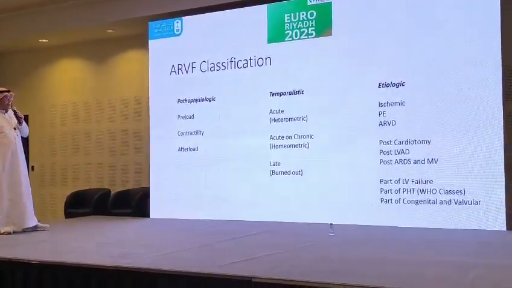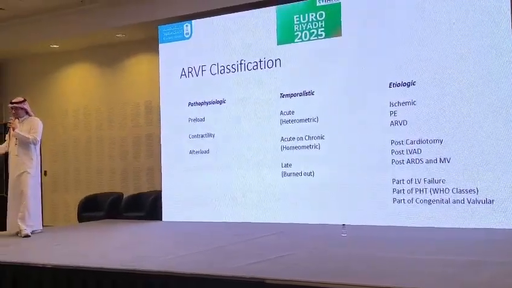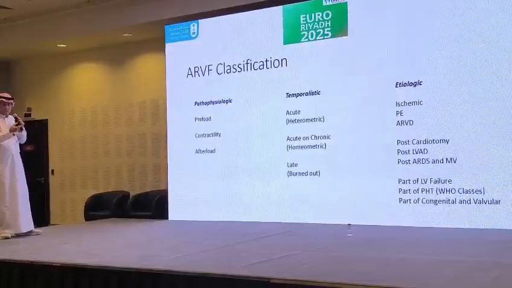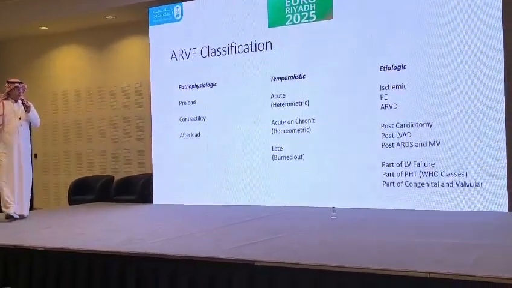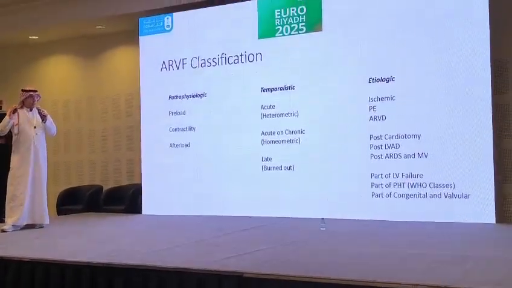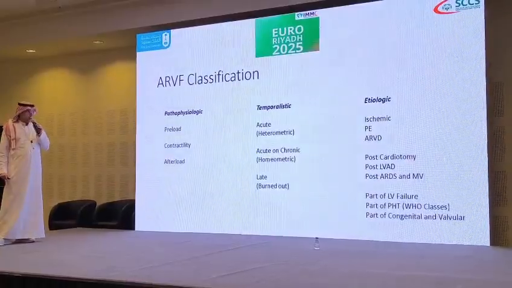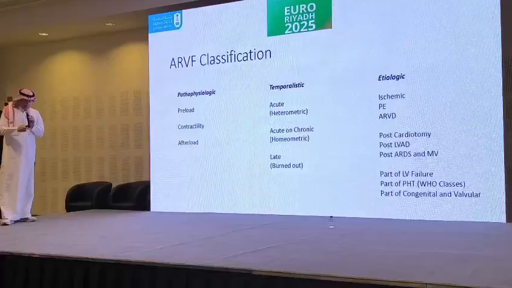The third is the etiologic classification, thinking about the likely etiology. You have a couple of intrinsic problems like ischemia and acute ARVD, right ventricular dysplasia syndrome, and then a couple of setting etiologic factors like post-cardiotomy, post-LVAD, post-ARDS, etc.